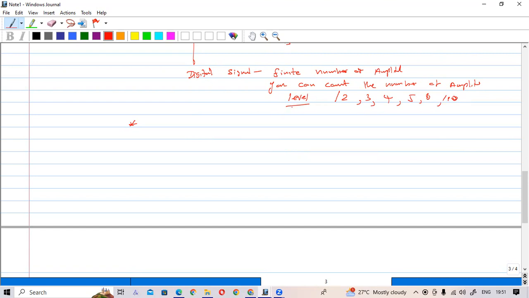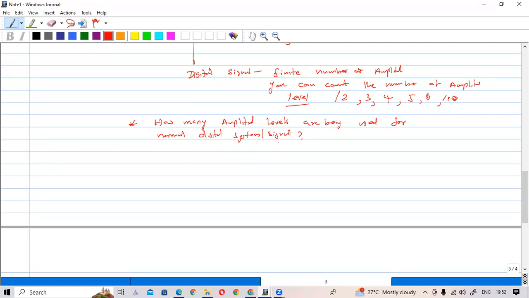Tell me, most probably for digital signals that we are using in circuits, how many amplitude levels are we using? I think you know this answer. How many amplitude levels are being used for a normal digital system or signal?